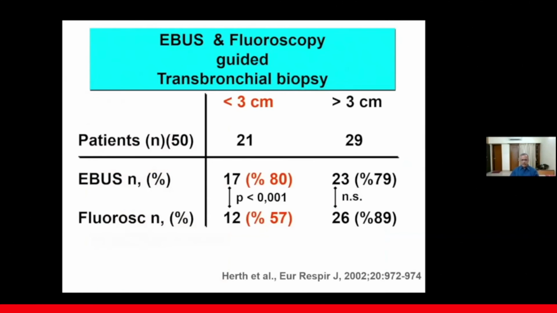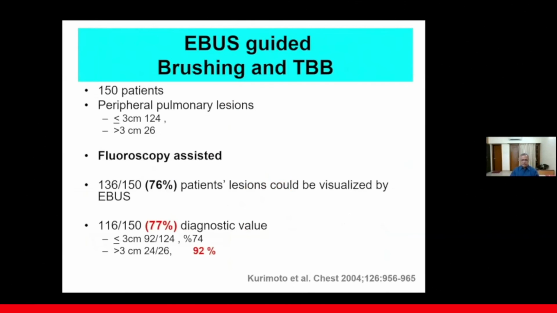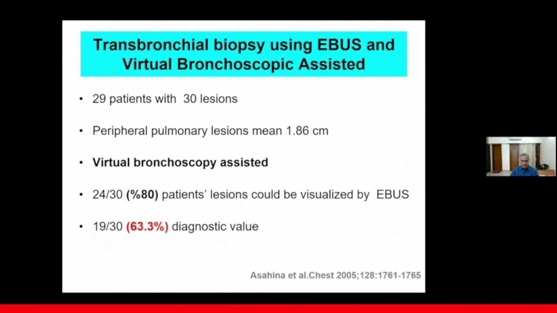For EBUS and fluoroscopy-guided transbronchial lung biopsies of lesions less than 3 centimeters, the fluoroscopy-guided yield is relatively less, whereas EBUS is much better. If you combine EBUS with fluoroscopy, you definitely get a better yield. EBUS-guided brushing and biopsy is also one of the important tools by which you can make a diagnosis.